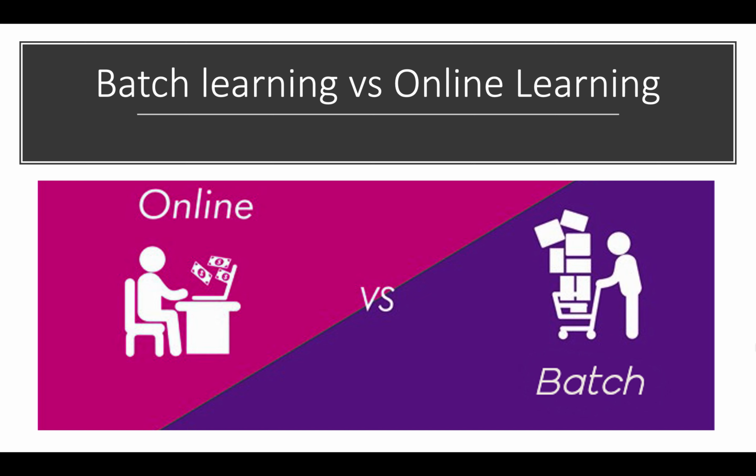Another way of looking at different types of learning is to see whether or not they can learn incrementally on the fly. And this is what we call batch learning and online learning. Batch learning is when we have all the data, and online learning when we are doing it incrementally. More on that later.